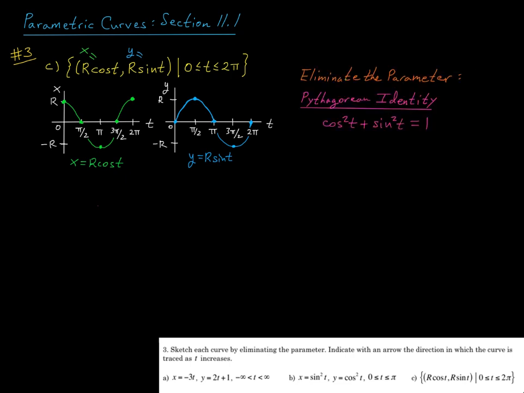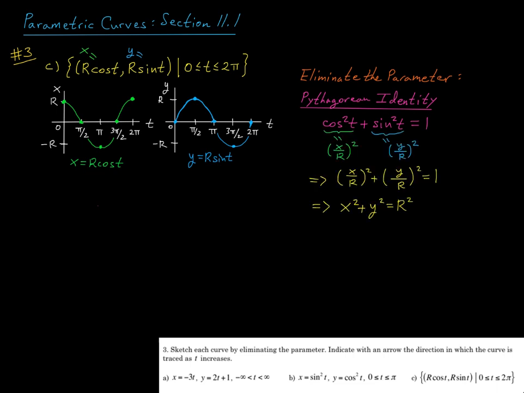And as far as eliminating the parameter, much like part B, since I see cosine and sine here, I'm going to make use of the Pythagorean identity, and that's again going to allow me to avoid having to consider an inverse trig function. All right, so cosine squared of t plus sine squared of t is equal to 1 for all t.